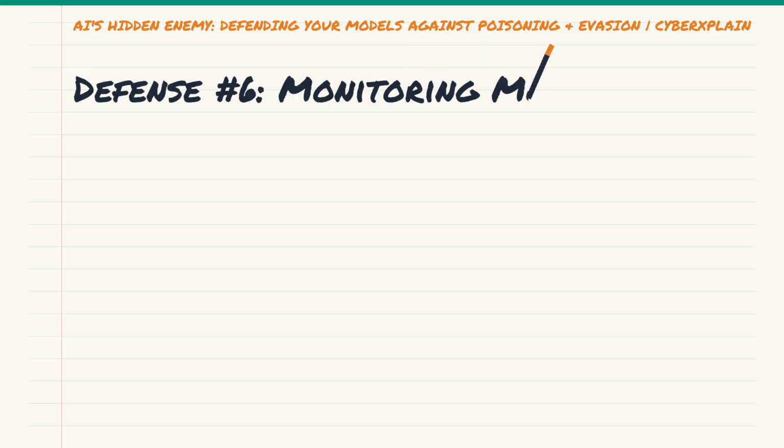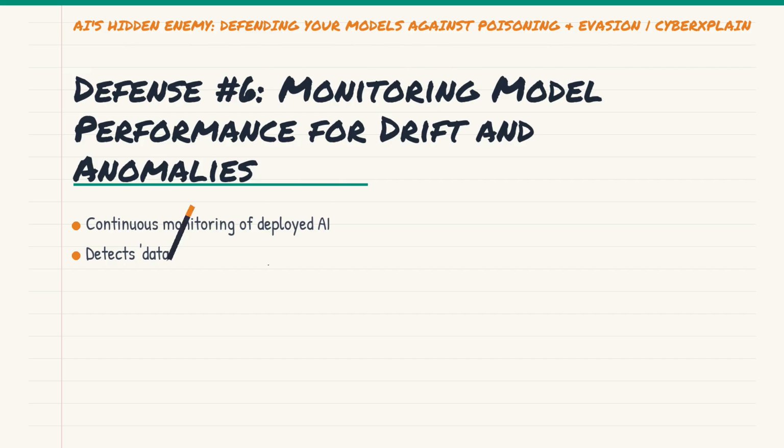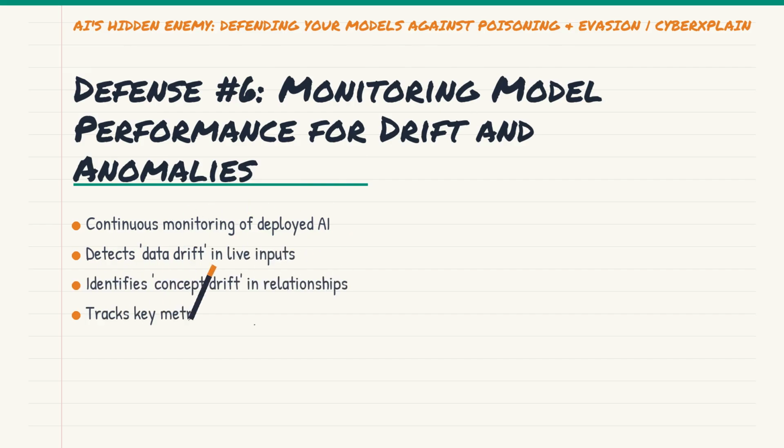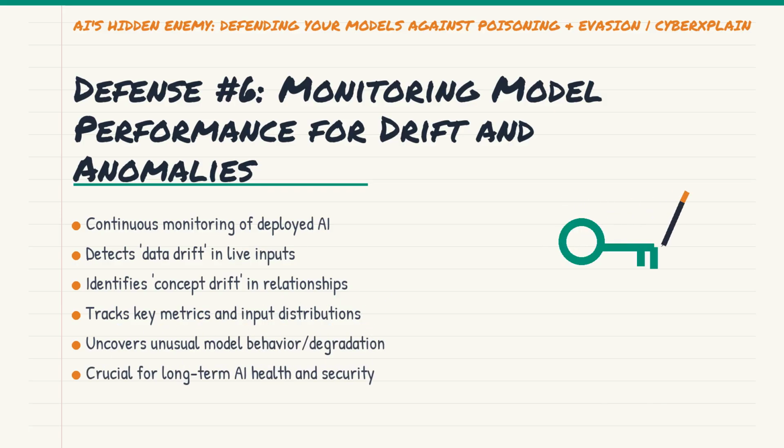Our final defense isn't a single technique, but a continuous process: active monitoring of your deployed model. Just like you monitor your network for intrusions, you need to monitor your AI model's performance for drift and unexpected anomalies. Data drift means the characteristics of your incoming live data start to change significantly from your training data, which can degrade performance and open new attack vectors.